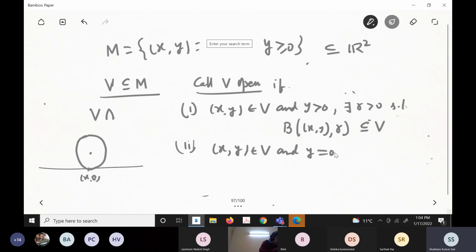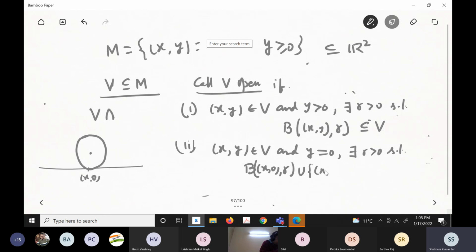There exists r greater than 0 such that the disk at x0 with radius r, together with this point, is contained in V. You should tell me whether I am writing it correctly.